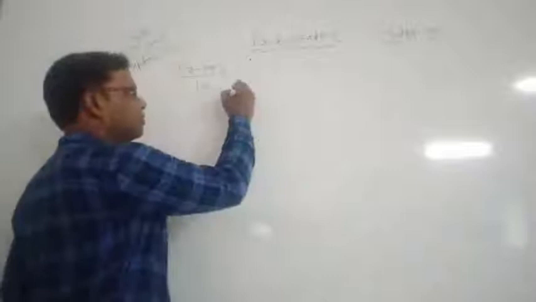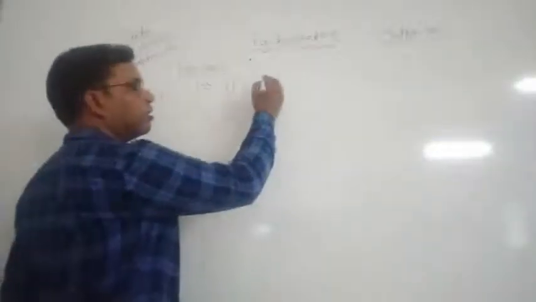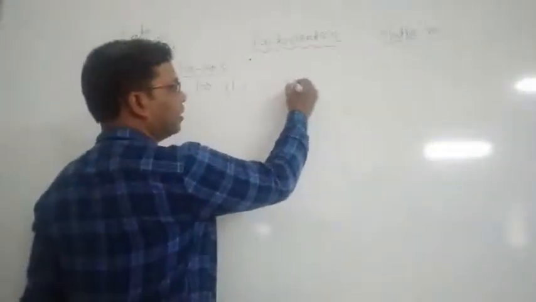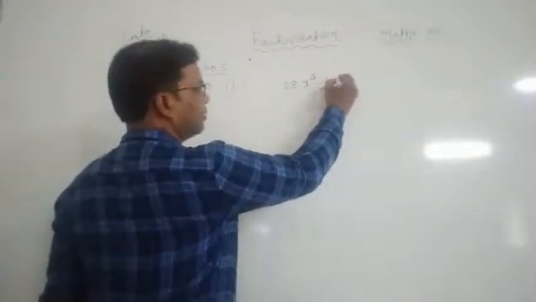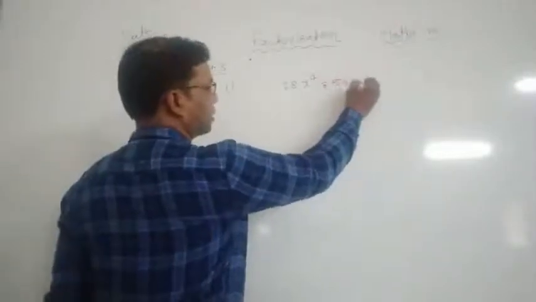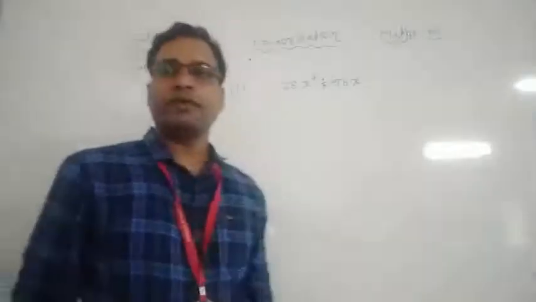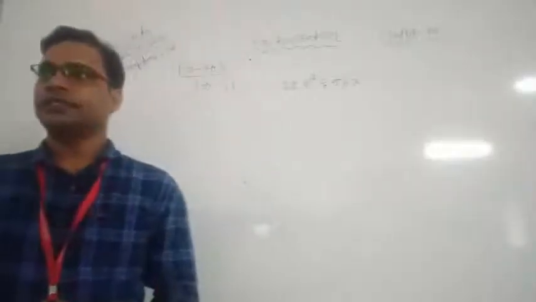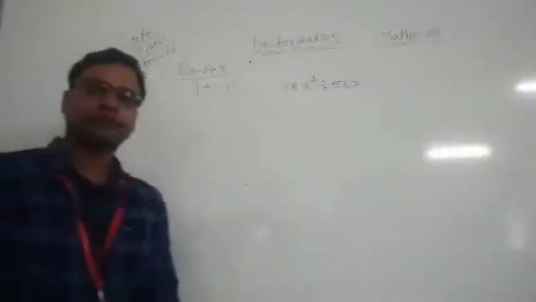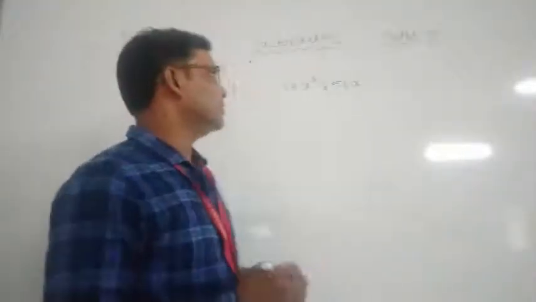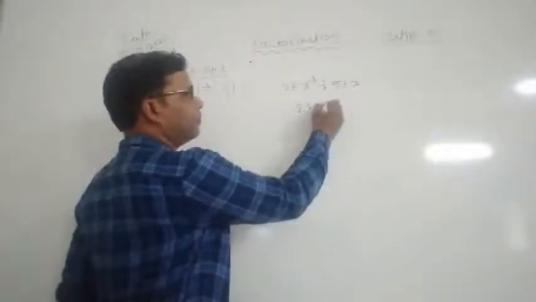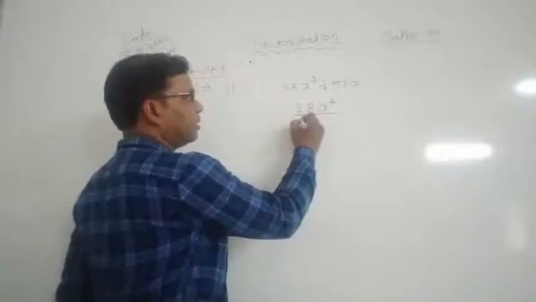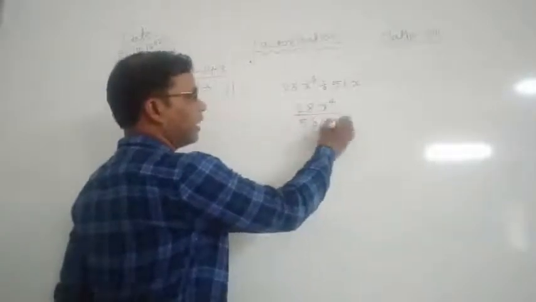So the first part of this question is 28 x power 4 divided by 56 x. We need to find its division. This is clear. We can write this like this: 28 x to the power 4 divided by 56 x.